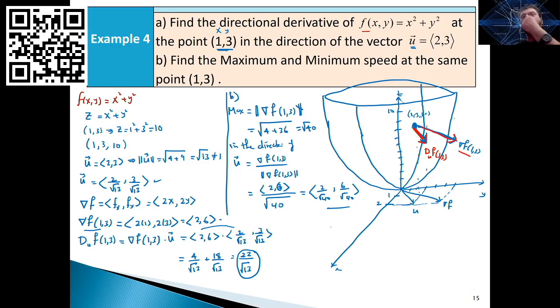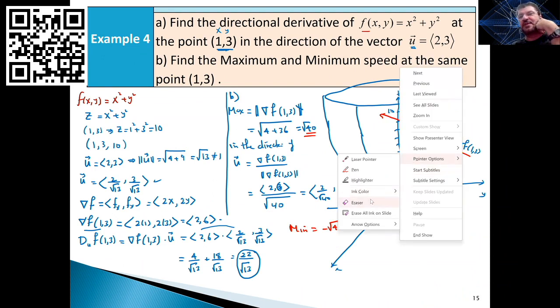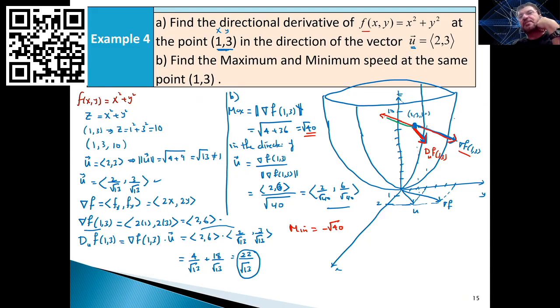So accordingly, we can say that the minimum speed is what? Same thing, guys. It's going to be minus root 40, because the object now is going to go in the other direction. So maybe we can change this one to a different color. Let's take the green one. If the object is going in this direction, negative, the velocity will be minus root 40.